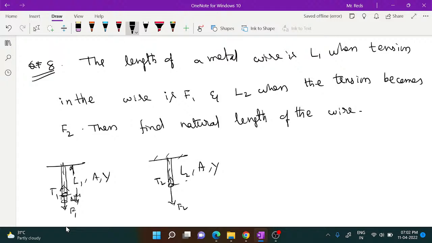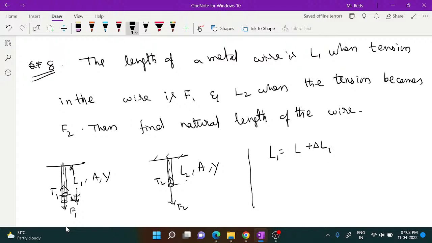So now what you are asked to find is the natural length of the wire. Its length is L1 at tension F1, means actually it is not the original length. The original length should be less than this. Let us say the natural length is L. So the natural length L plus some extension delta L in the first case will be equal to L1.